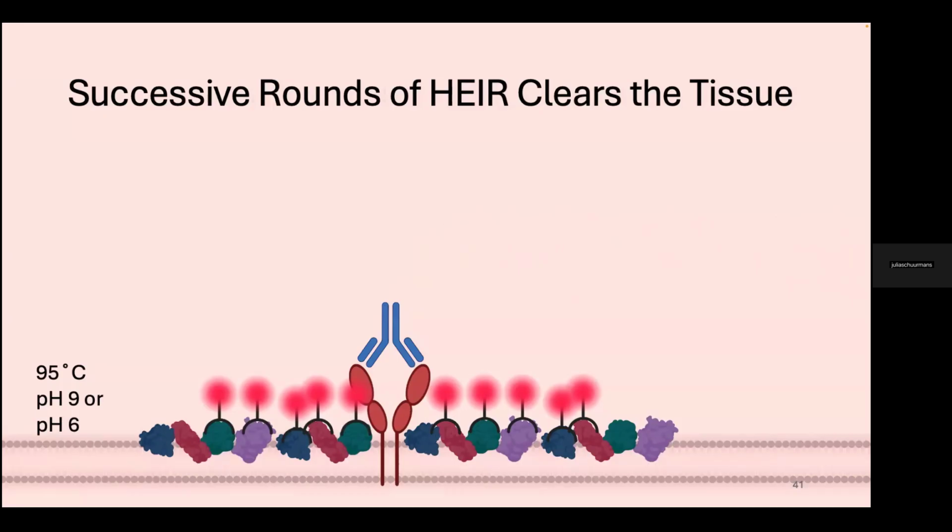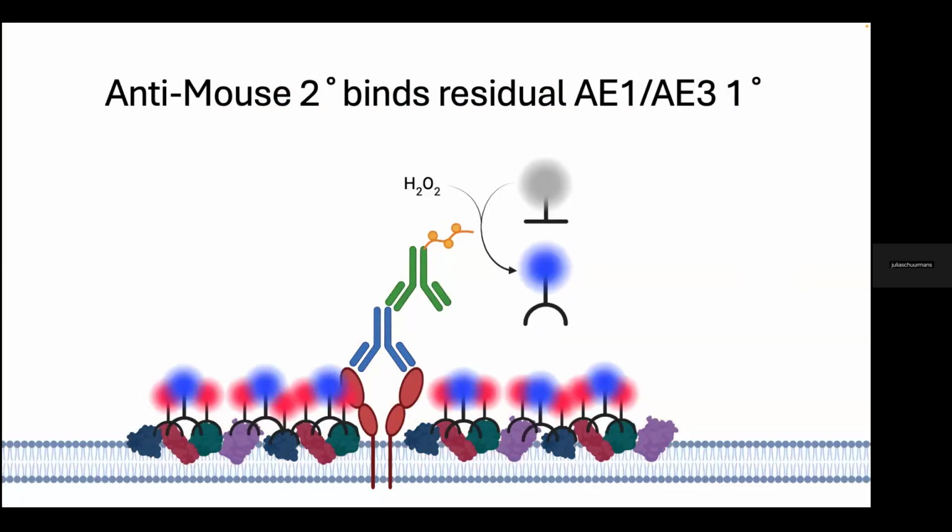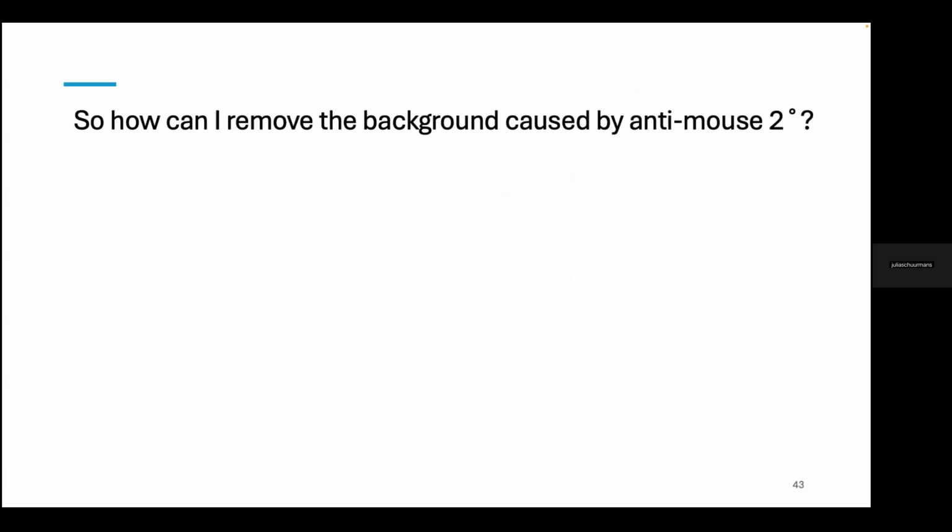And then this primary stays bound to tissue as we go through our next steps of labeling. And then it gets relabeled again by my fluorescent marker in white by the anti-mouse secondary.